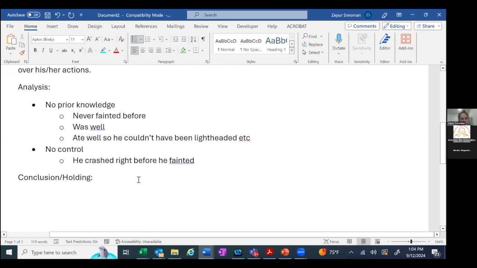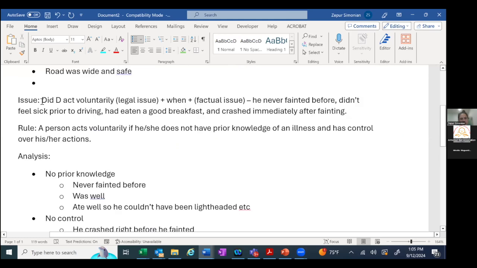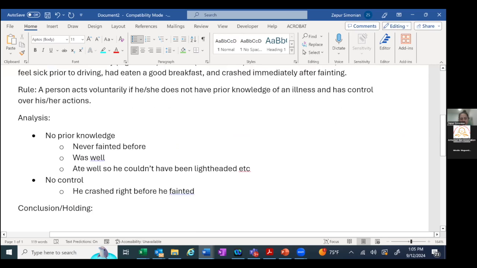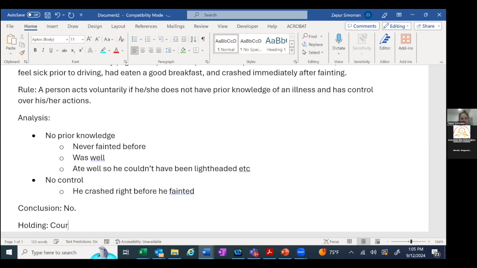And then the conclusion: if you do it in a statement that can lead to a yes or no answer, then the answer would be no. And then if you need the holding, you could even separate conclusion from holding: upheld, or you could say the appellate court upheld.